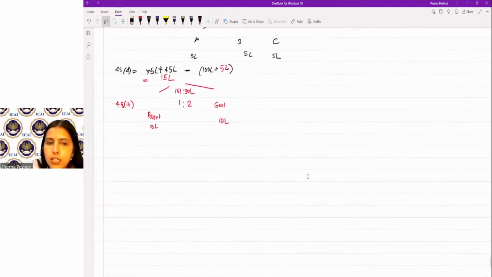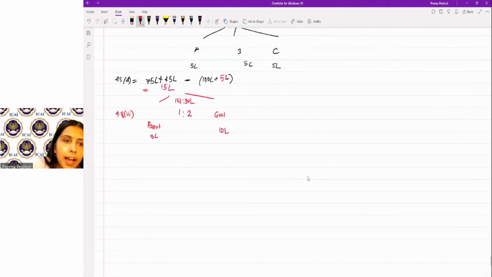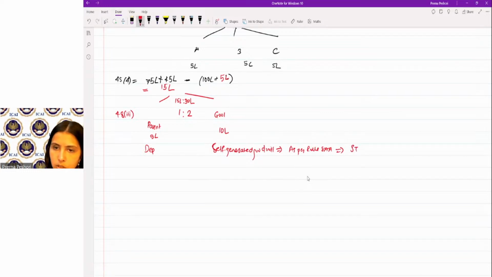Since both of these, one is the depreciable asset and one is the self-generated goodwill, as per Rule 8AA, this will be short-term capital gain.